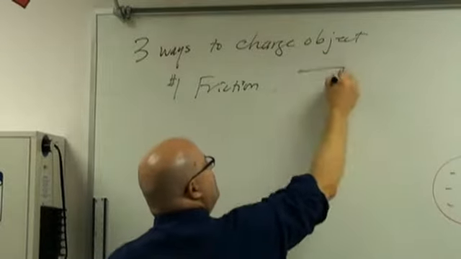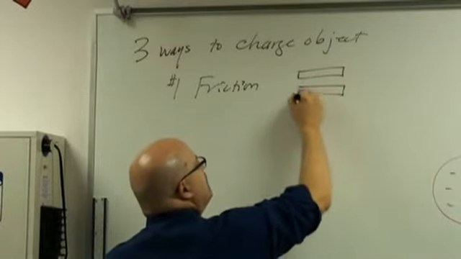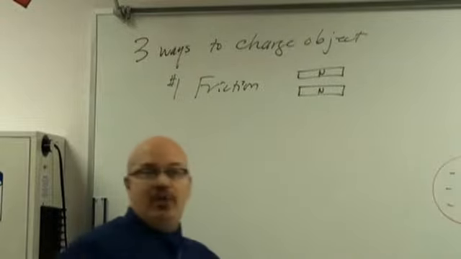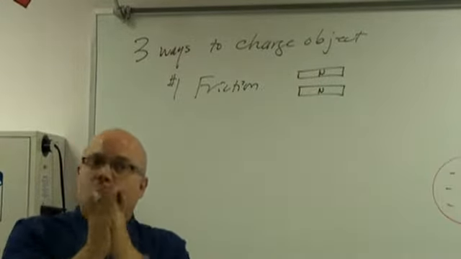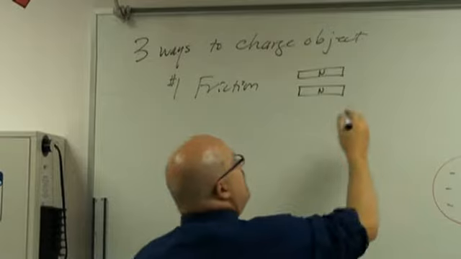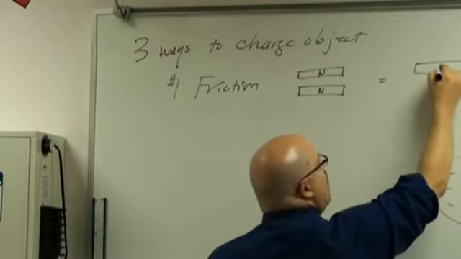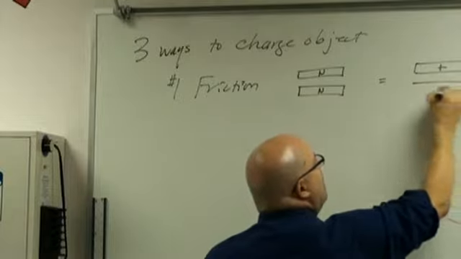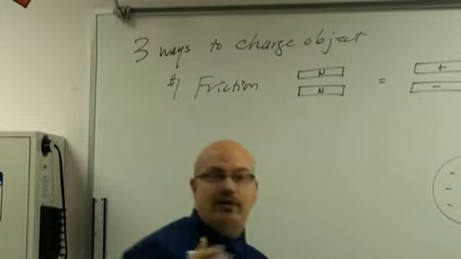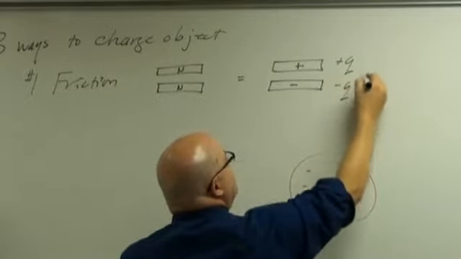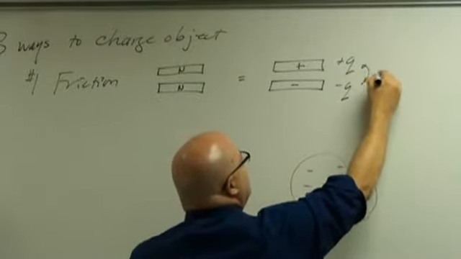The picture for friction is this. You take 2 objects. They're both neutral to begin with. You apply friction or put them in contact, rub them past each other, and when you do that, one will become positive, the other will become negative, but the charges will be equal. So you'll have a plus charge here and a minus charge here, and these 2 charges will be equal.